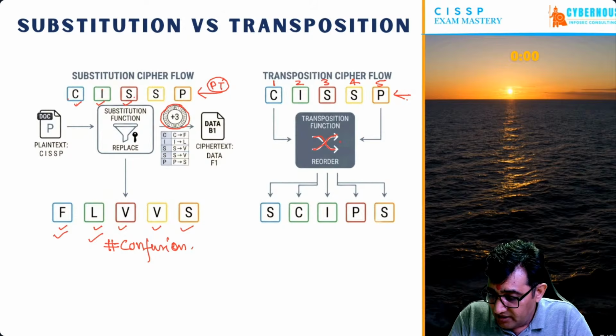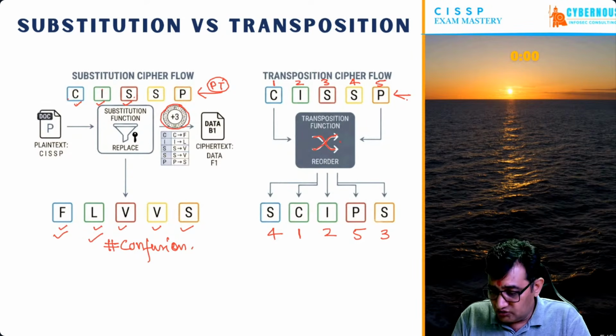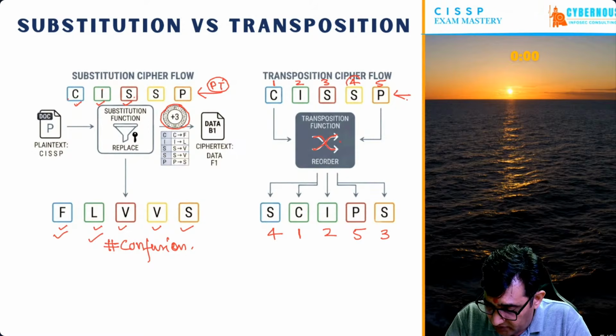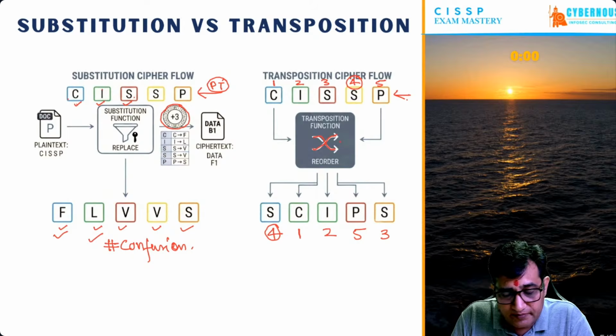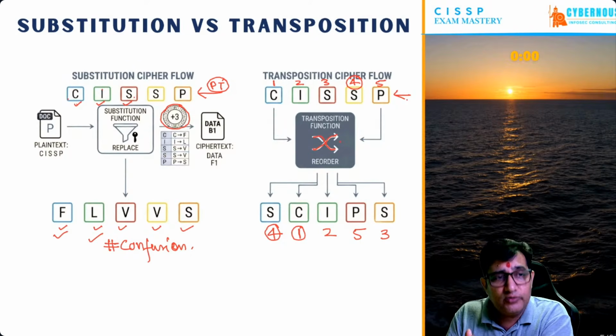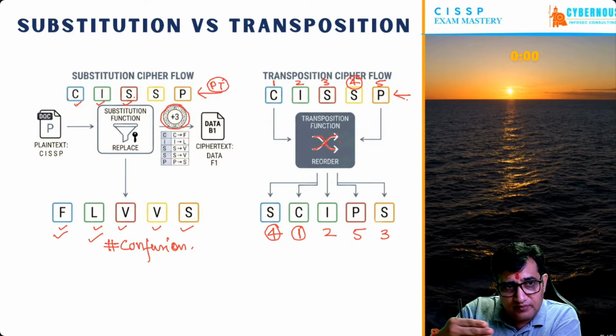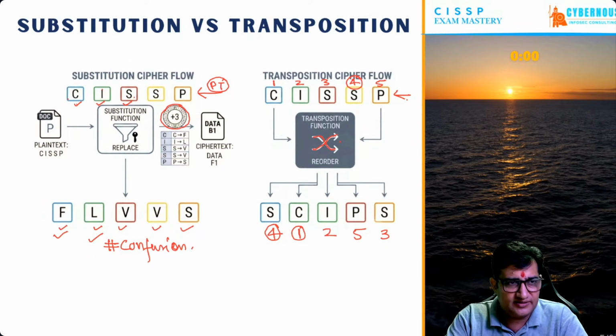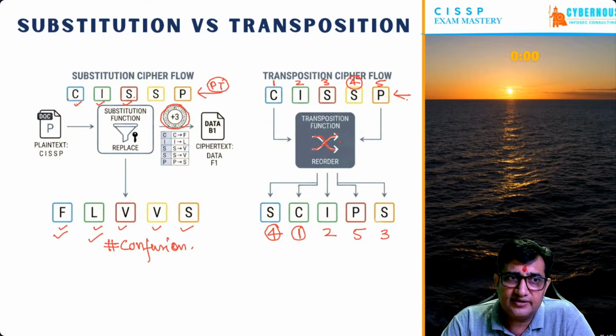For example, if my key is, let's say, 4, 1, 2, 5, and 3, then the fourth character is going to come to the first place. So I put S here, and then the first character C comes to the second place. So what we are doing in this case is just shuffling the positions of the different characters or bits. And that is exactly called transposition.